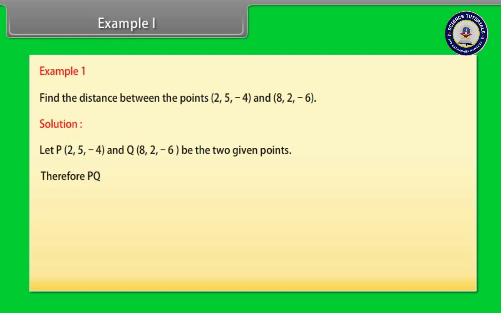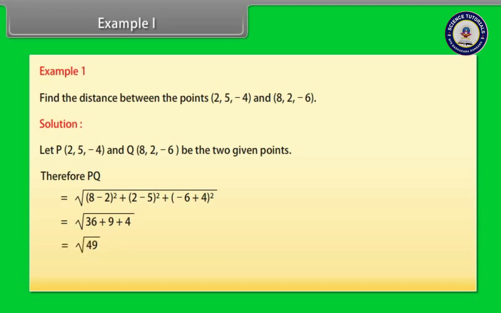Therefore, PQ is equal to the square root of (8 minus 2) squared plus (2 minus 5) squared plus (-6 plus 4) squared, is equal to the square root of 36 plus 9 plus 4, is equal to the square root of 49, is equal to 7.